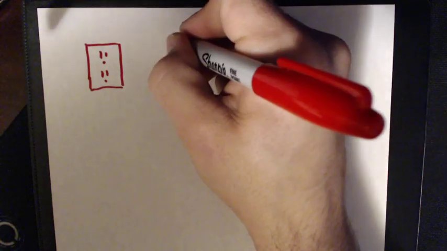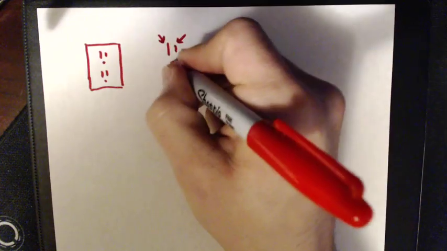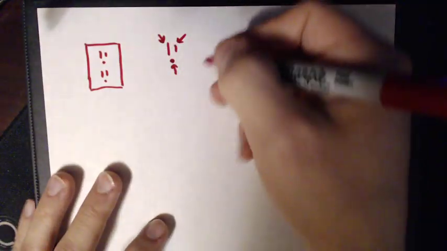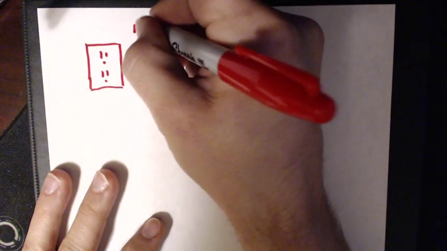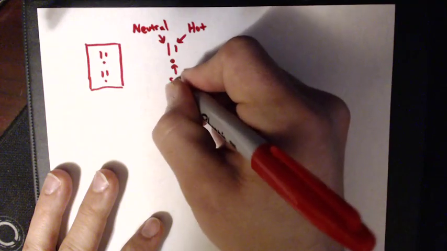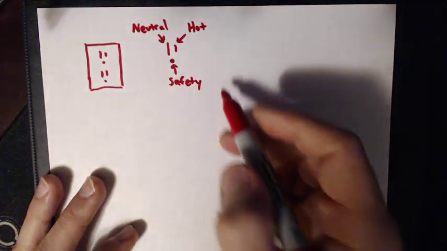So we actually have some names for these that come out of your wall outlet. If you think about your three prongs, you actually have a hot, you have a neutral, and you have what I'm going to call safety.